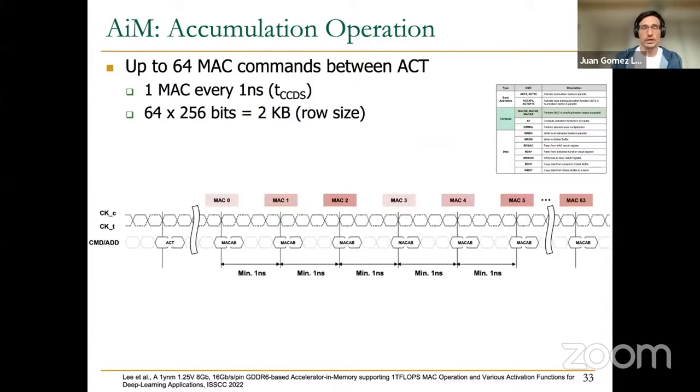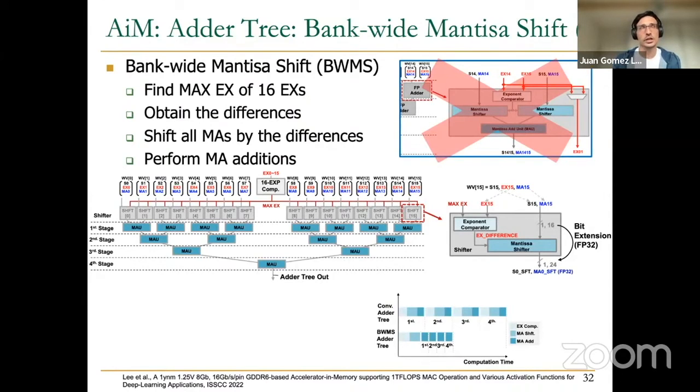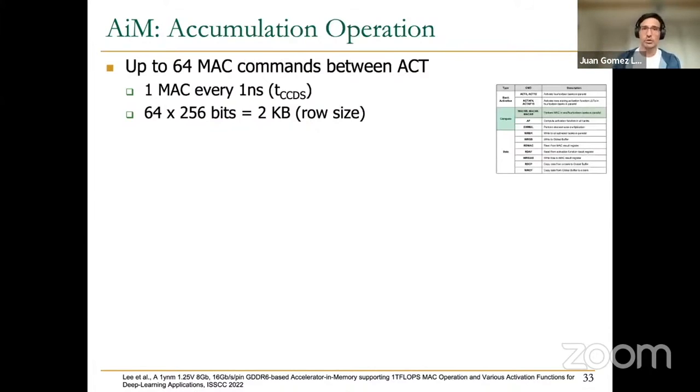Something important to mention as well is that, of course, here in this max circuit and the other three, we are operating on 16 values at once, but usually the rows in the weight matrix and the vectors will be longer than 16. So we need to use the accumulator to perform multiple MAC operations and multiple add-3 reductions and accumulate in the accumulator in order to obtain the final results.